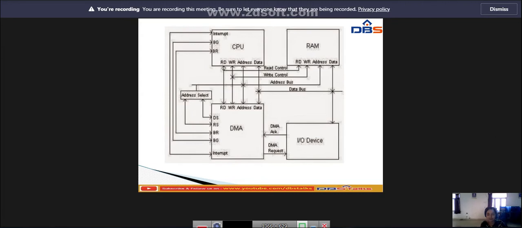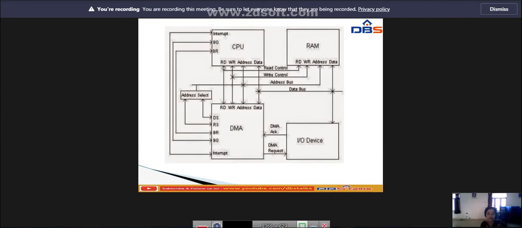When the peripheral device sends a DMA request to the DMA controller, the DMA controller activates the BR line, the bus request, informing the CPU to relinquish the buses.